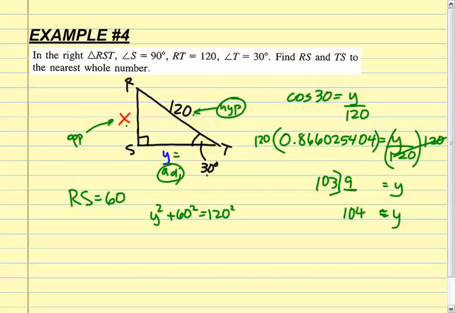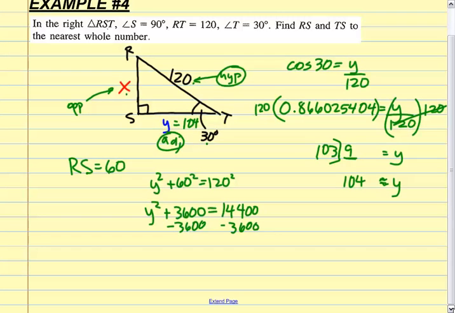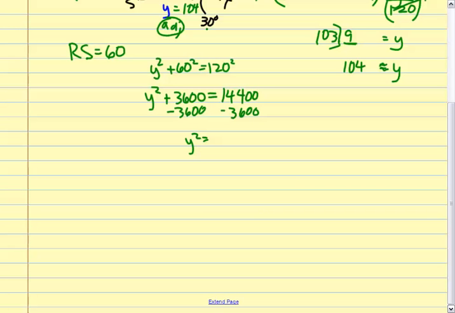Okay. I think that that's easier than doing this. Well, I don't know. y squared plus 3,600 is equal to 120 times 120. That's 14,400. Subtract 3,600. Let's see if we get the same thing. We better get about 104. So y squared is equal to that minus 3,600, 10,800, right?